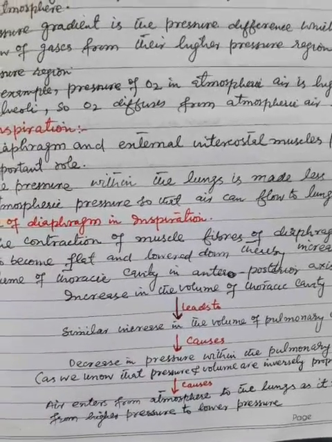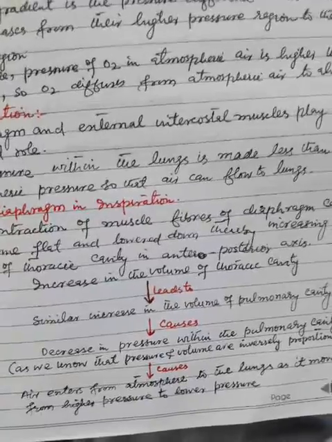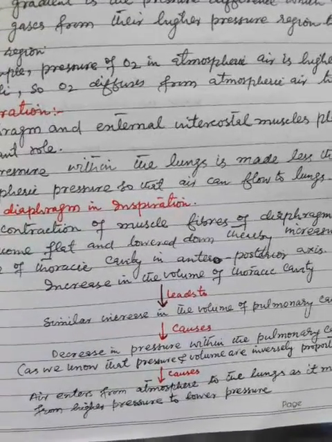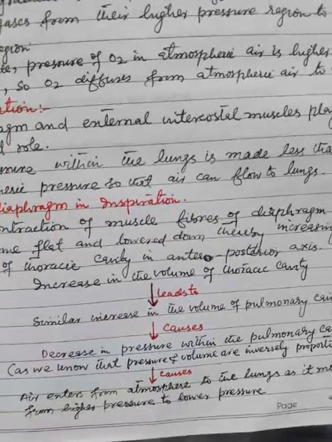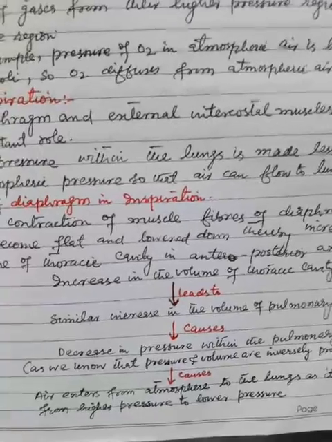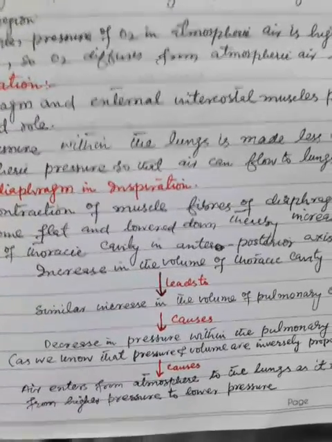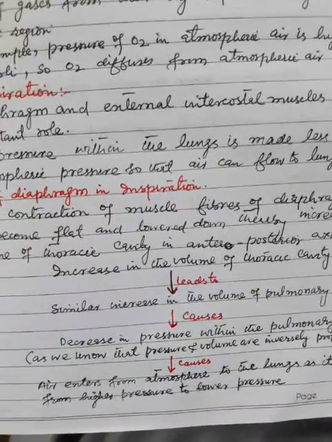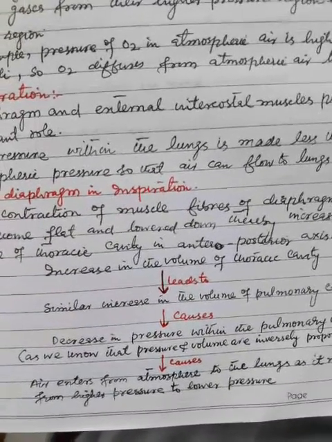It causes a decrease in pressure within the pulmonary cavity. As we know, pressure and volume are inversely proportional. It causes air to enter, that is, air enters from the atmosphere to the lungs as it moves from higher pressure to lower pressure.